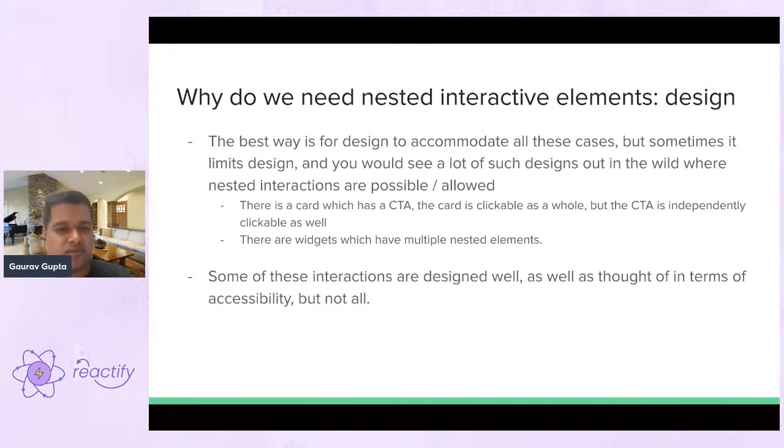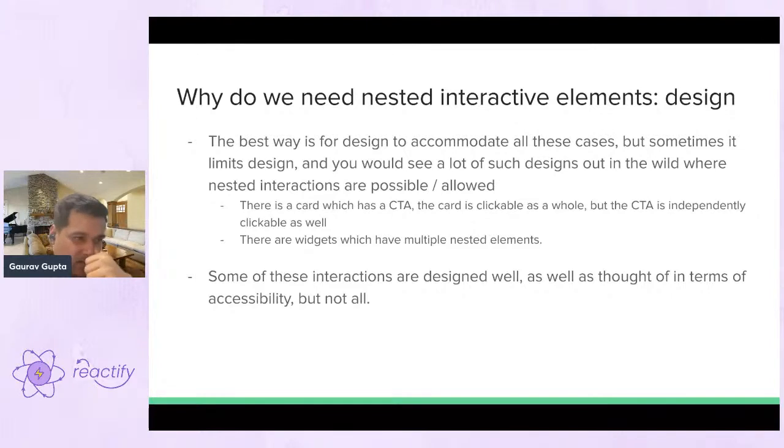This is arguable. Obviously they can create some simpler interactions, but they should also not be limited by the fact that the technology they are using limits the designs in a certain way. Designers should not think about designs in a way that it is going to be written in HTML, so it has to behave a certain way, or that it is going to be written in React Native or something, so it has to behave a certain way.